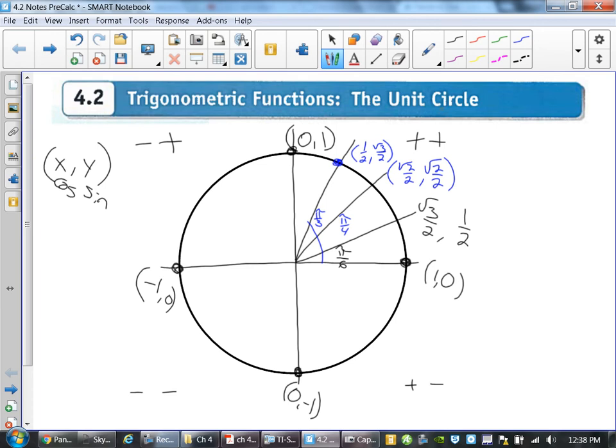So even if I asked, I don't know, 13 pi over 6, I can figure out how many pi over 6s went around to figure out what quadrant it lies in. And since it'll have a reference angle of pi over 6, it'll still have this same ordered pair with different signs, S-I-G-N-S, depending upon what quadrant it drops to.